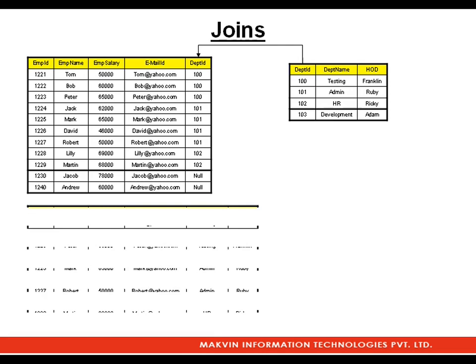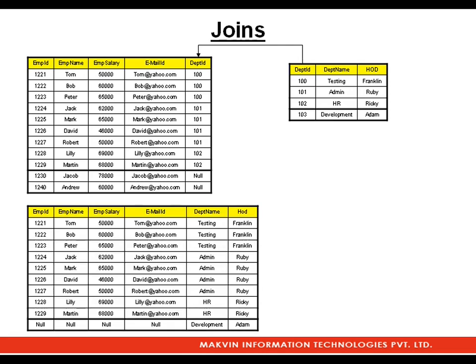Now let's go for another scenario. Hope you can guess this scenario. Yeah, definitely. If you observe this, I have all the records from right table, that is testing, admin, HR, as well as development, and only matched records from left table, that is 121 to 129.